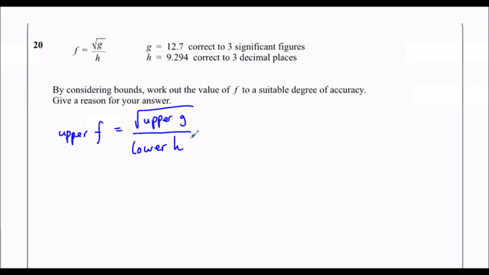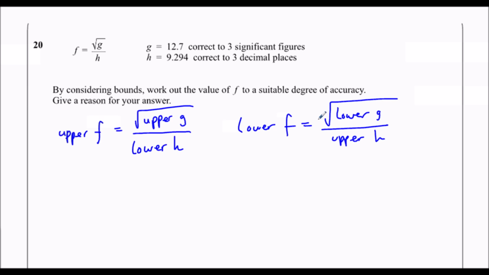If you divide by 2, you get a bigger answer than if you divide by 10. So we want the lowest thing h can be to divide by, and that will give us a bigger answer. For the lower bound for f, we're going to do the square root of the lower bound for g divided by the upper bound for h.